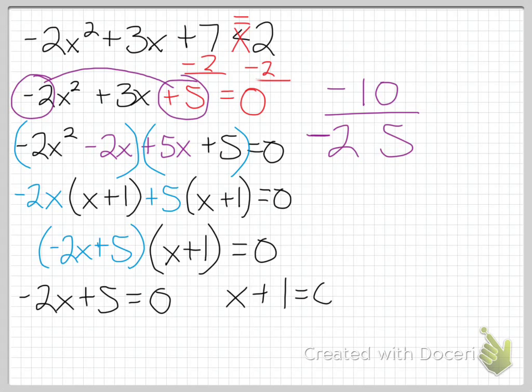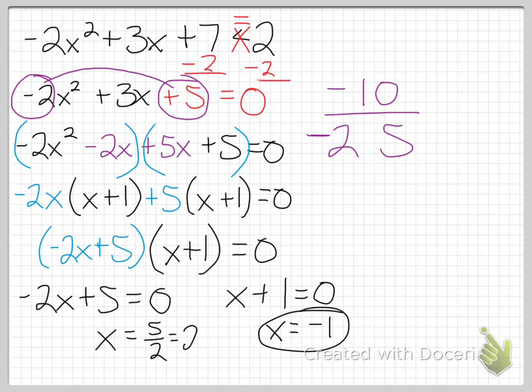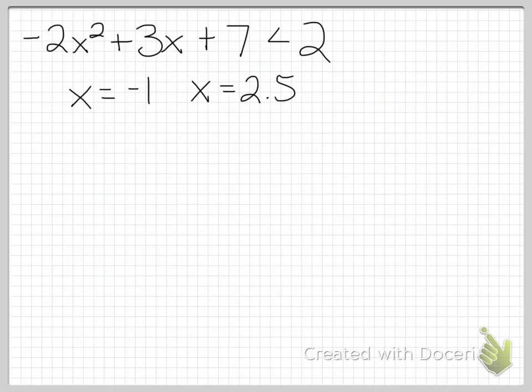So if x plus 1 is equal to 0, then x is simply negative 1. There's the first solution. And if negative 2x plus 5 equals 0, then I would subtract 5, divide by negative 2, and it would end up being 5 halves, which is the same thing as 2.5. So those would be my two solutions, x equals 2.5 or x equals negative 1. So those are my two critical points.